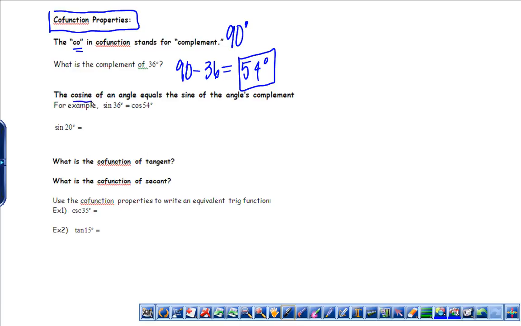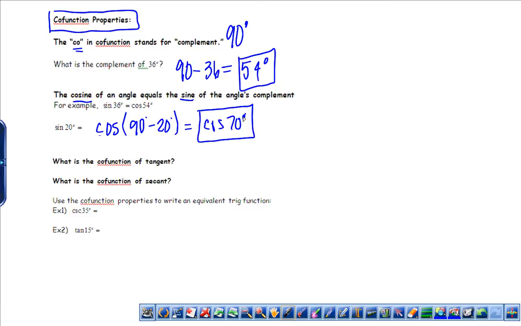So they're throwing cosine and sine together. For example, sine of 36 is equal to cosine of 54. Meaning if I want the complement of sine of 20 degrees, then I'm going to say cosine of 90 minus 20 degrees. Therefore, my answer would be cosine of 70 degrees.